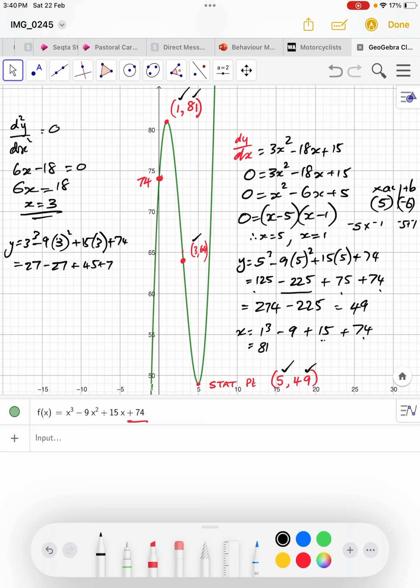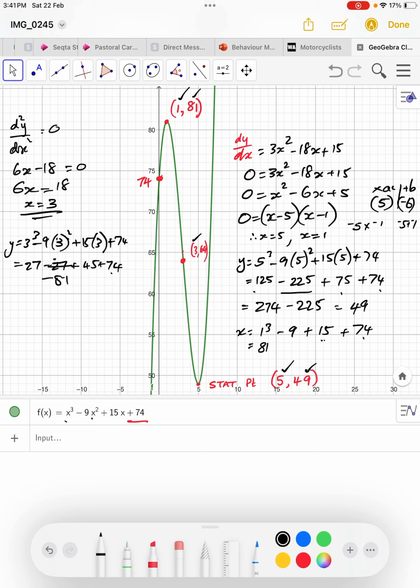Got a problem. That's 9 nines are 81, minus 81.